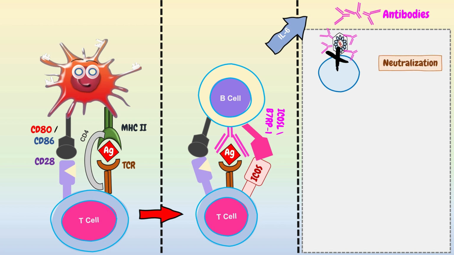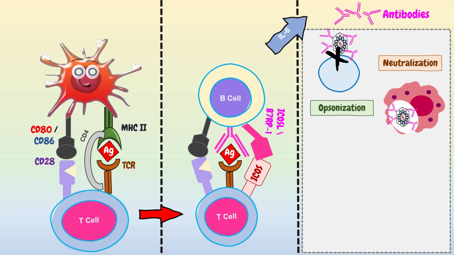For example, some neutralizing antibodies can prevent a virus from docking on the surface of a cell by binding to the part of the virus that normally would plug into the cellular receptor. When this happens, the virus is hung out to dry, opsonized, and ready to be eaten by a phagocyte. This is called opsonization.